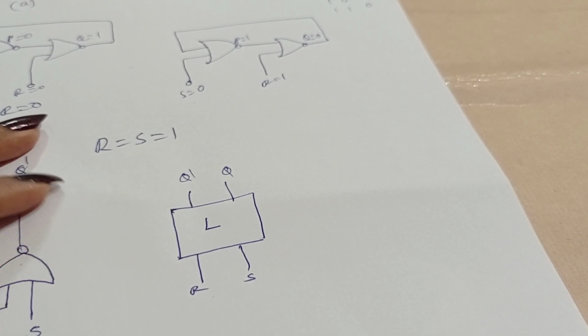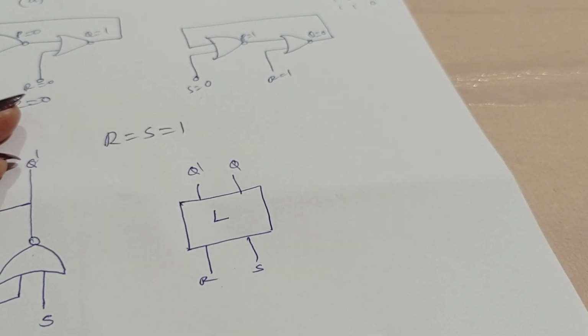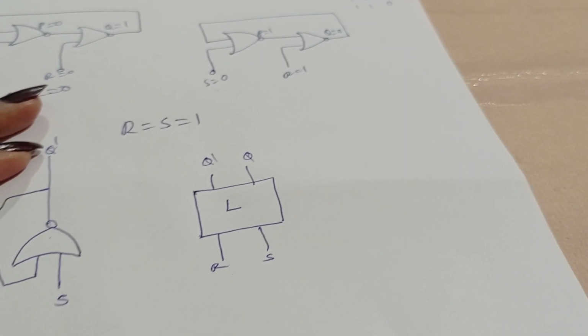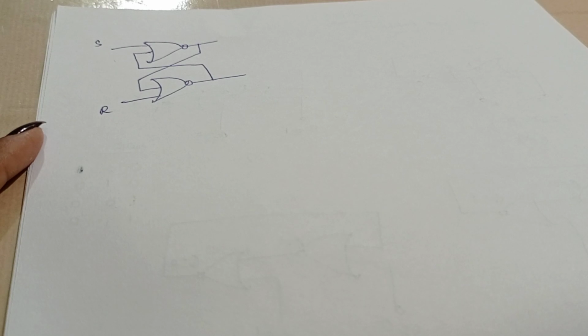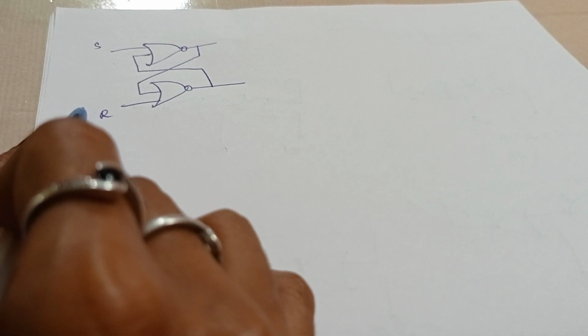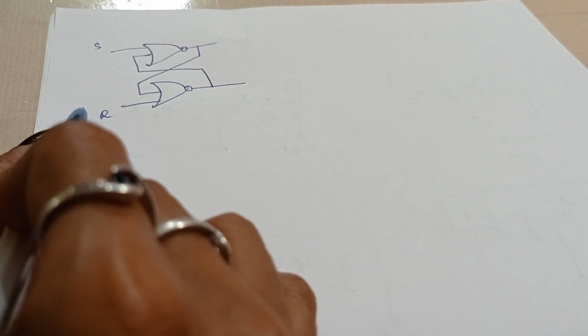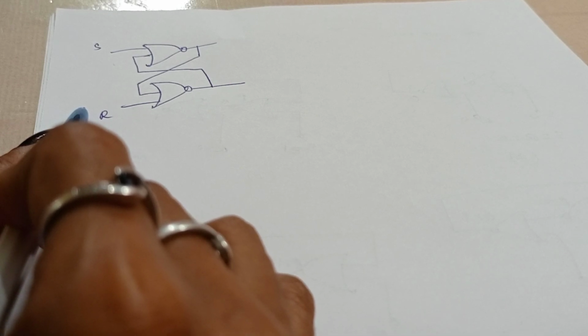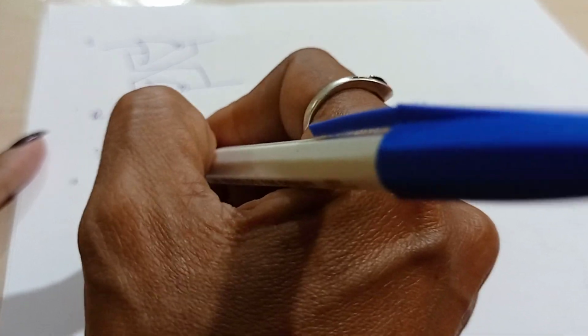And now we'll see S equal to R equal to 1. The latch will not operate properly when S is equal to R is equal to 1. That is, when S and R both are 1s, P and Q both become 0. P is equal to Q is equal to 0.